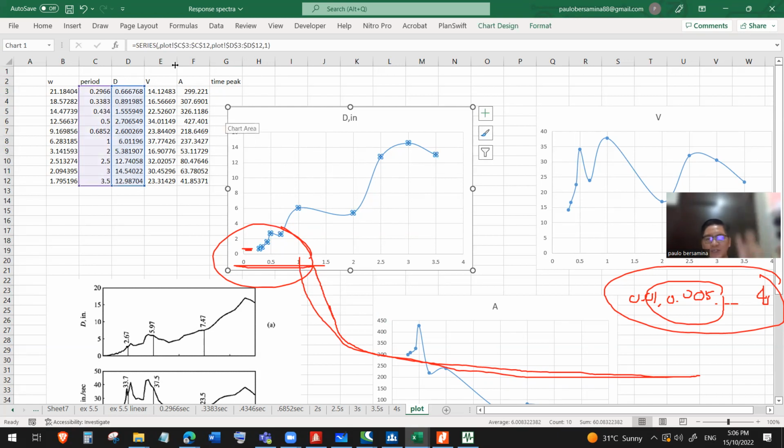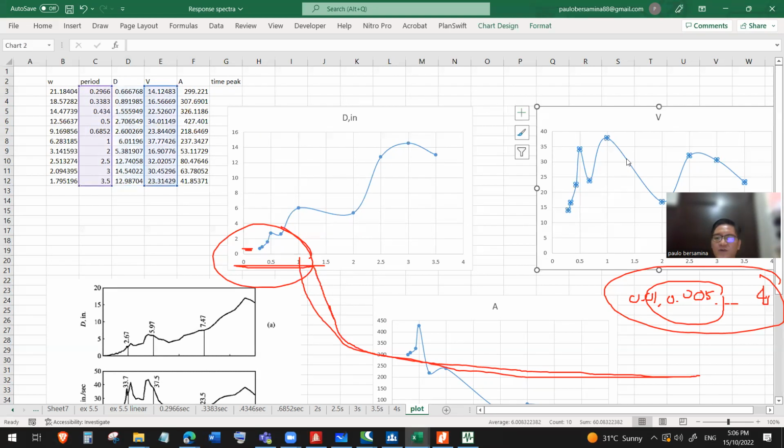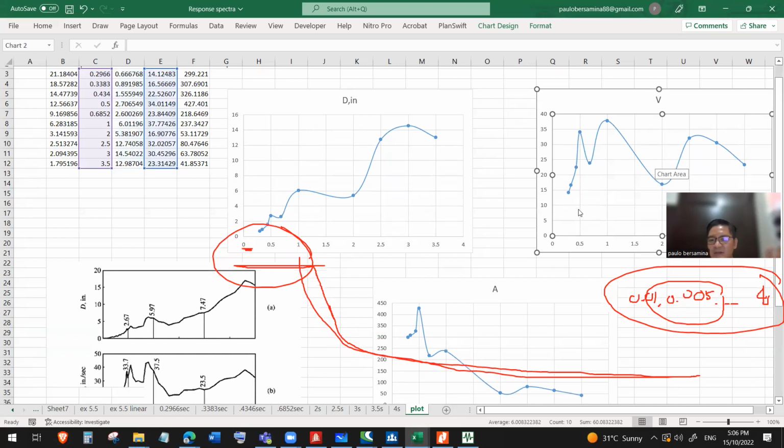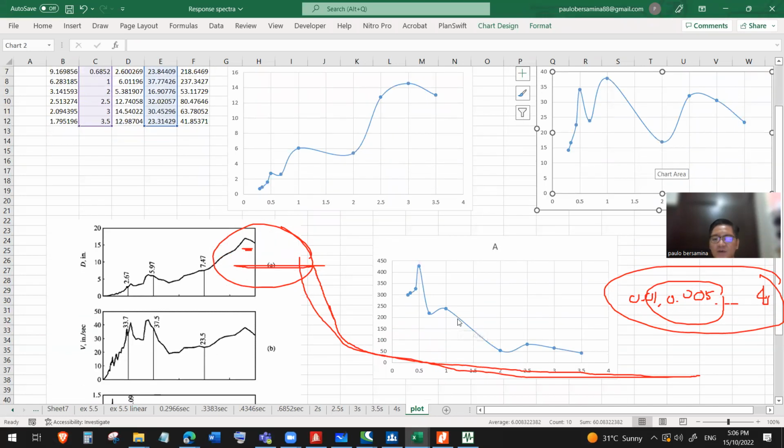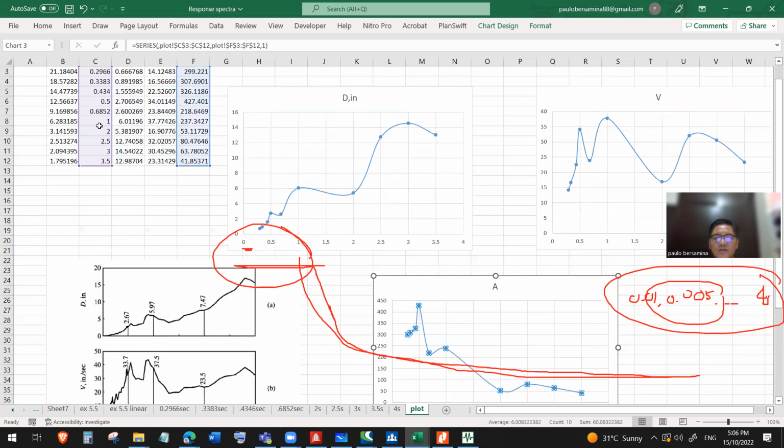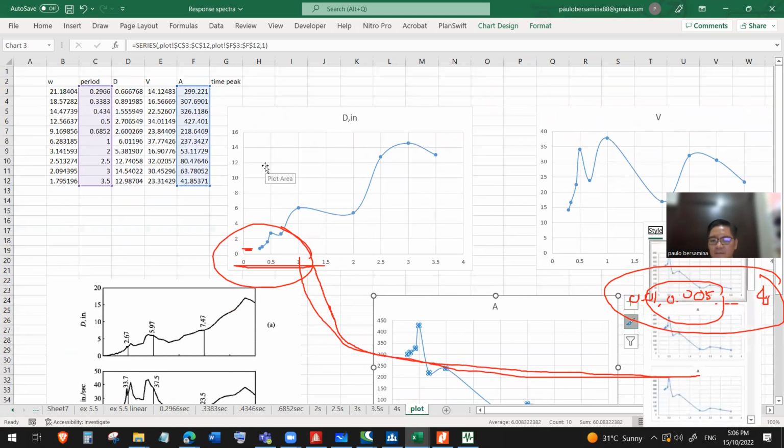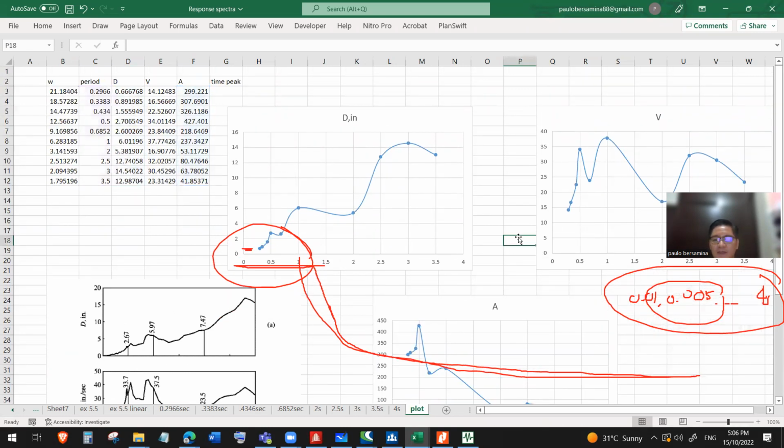Tapos yung period versus deformation na data. So you come up deformation response. Tapos another plot for velocity. So velocity response. Then another plot for acceleration.